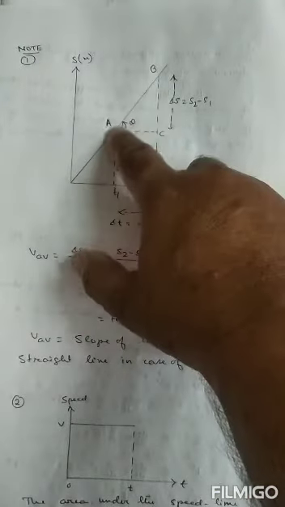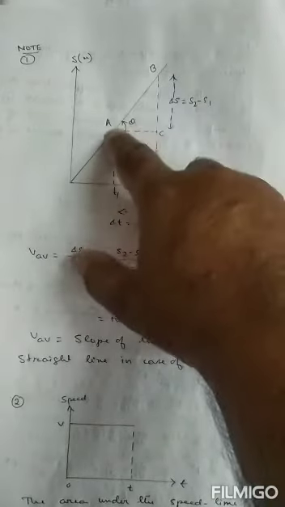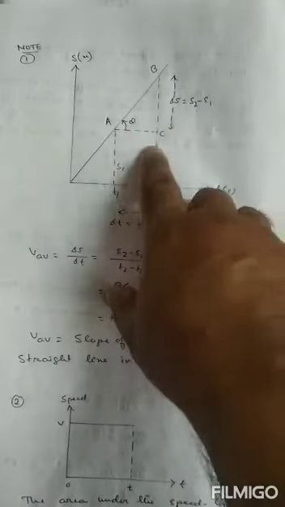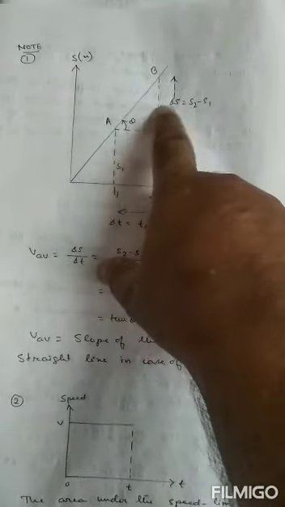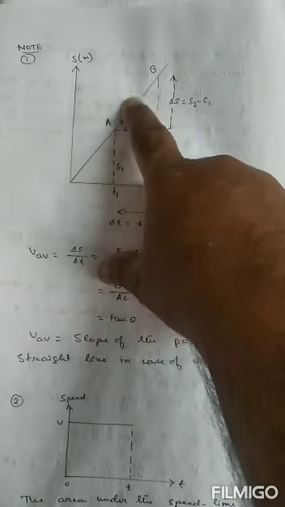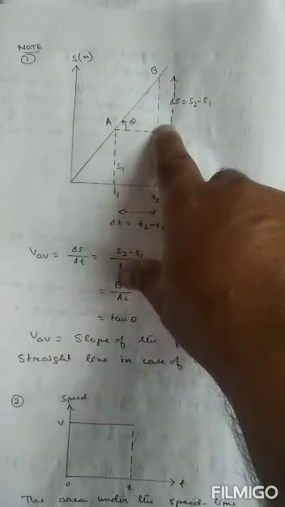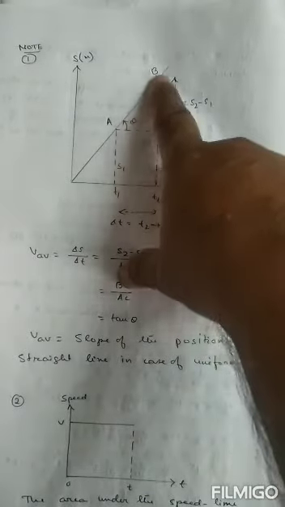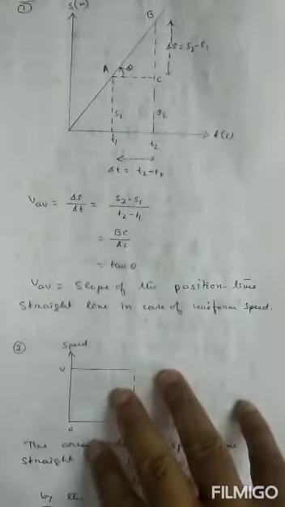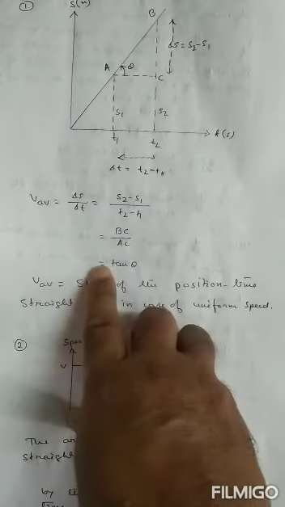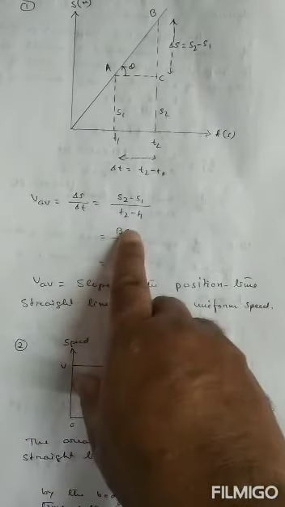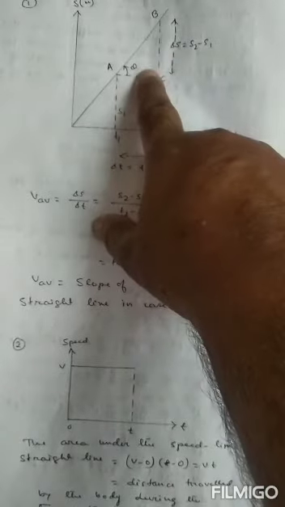ACB is a right angle triangle. Yes or no? This is a right angle triangle. AC is called the base, BC is called the perpendicular, and AB is called the hypotenuse. So average speed is equal to BC by AC, that means perpendicular by base.